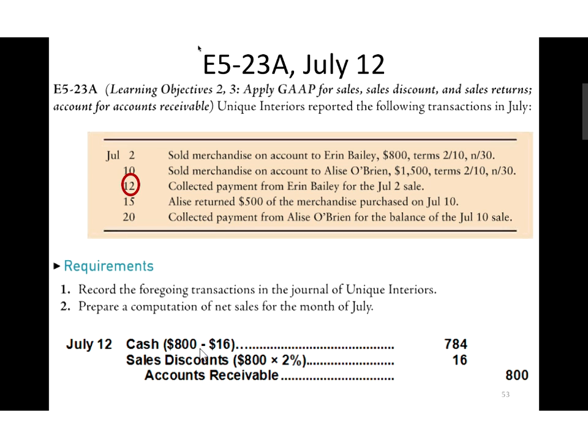We just don't reduce sales directly, because it provides information to our financial statement users to say, this is our total sales amount, and this is how much sales discount we're giving customers for paying us early. That's a different sort of thing than sales revenue, so we keep it separate. So sales discounts go into the sales discount account, which reduces the amount of sales. Okay, so that's the 12th.